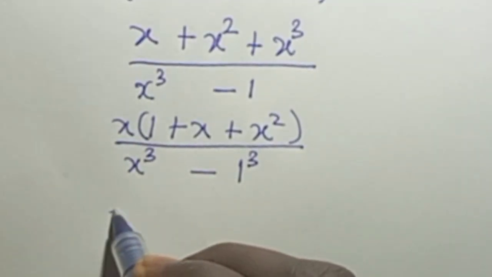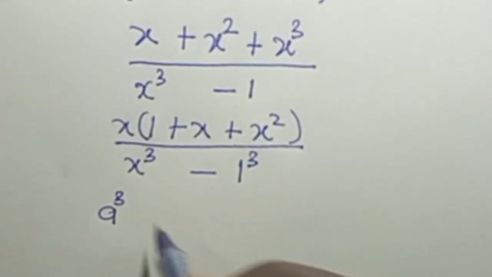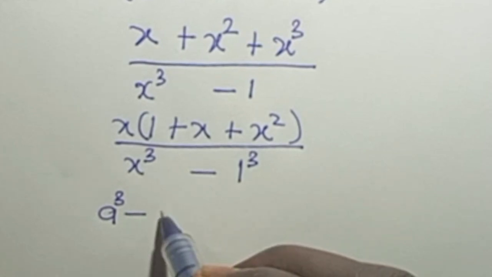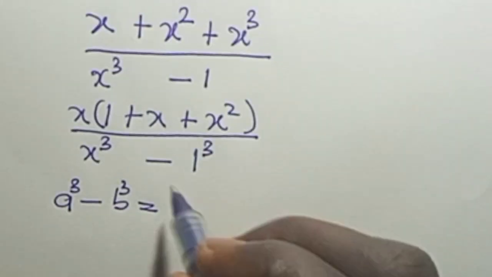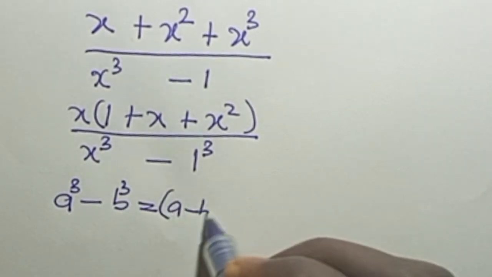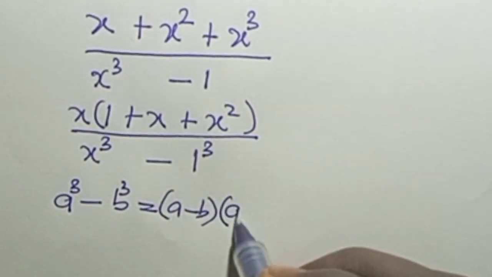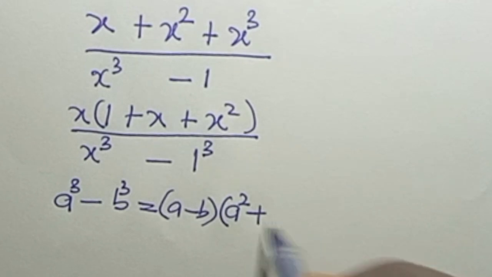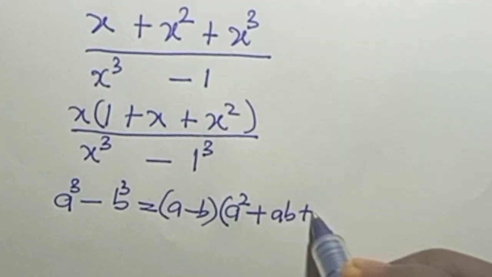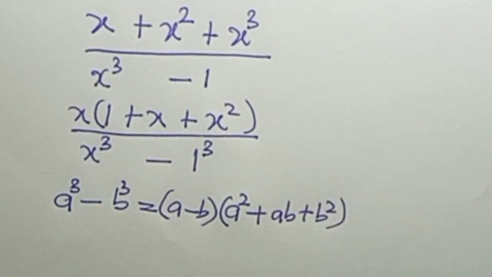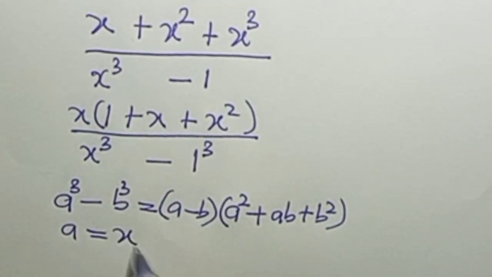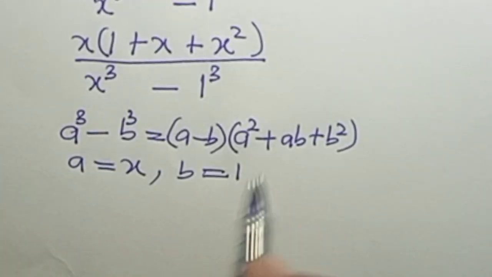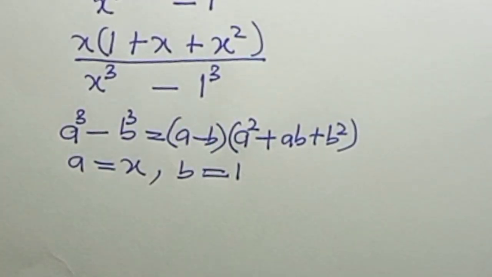And if we want to employ a^3 - b^3 is given as (a - b)(a^2 + ab + b^2), where our a is equal to s and our b is 1, we want to employ this for the denominator.